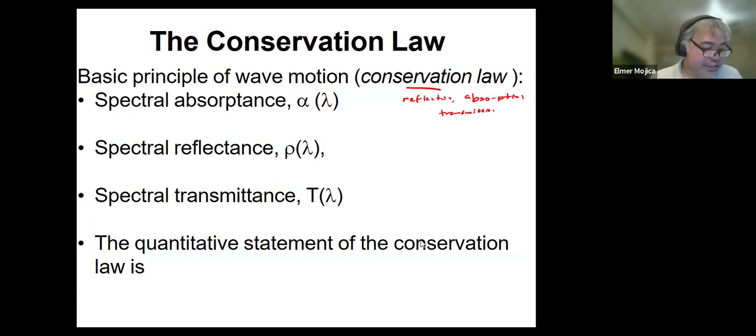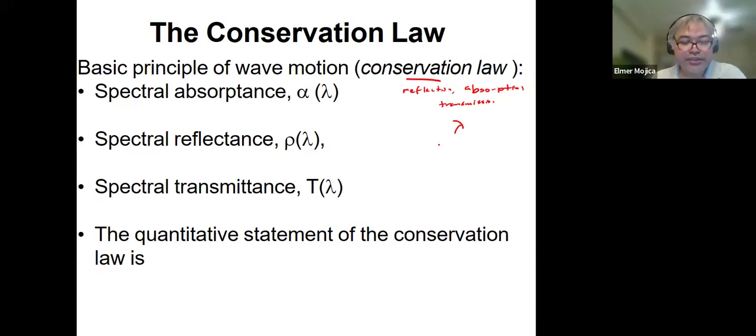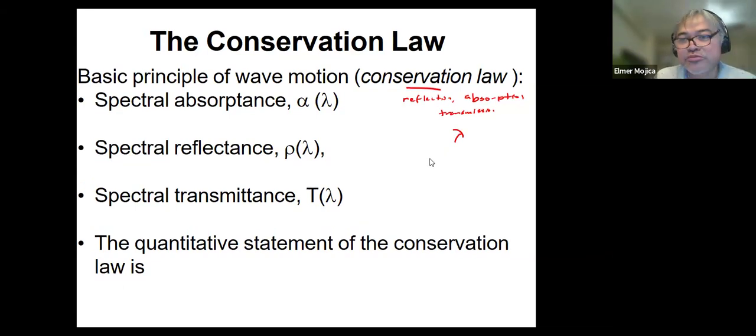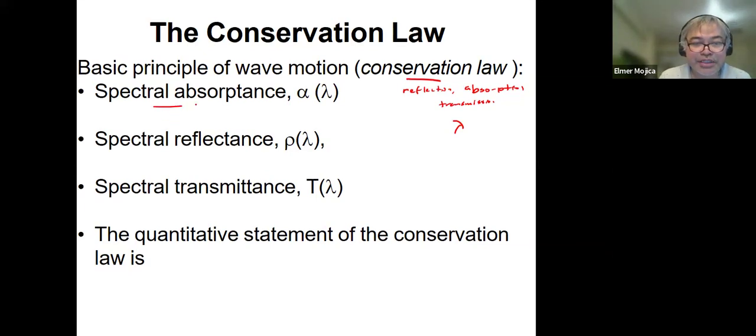So consider the radiant energy of a given wavelength incident on a boundary between two media. The portion of the incident radiant energy lost by absorption at the interface or surface is known as the spectral absorptance.